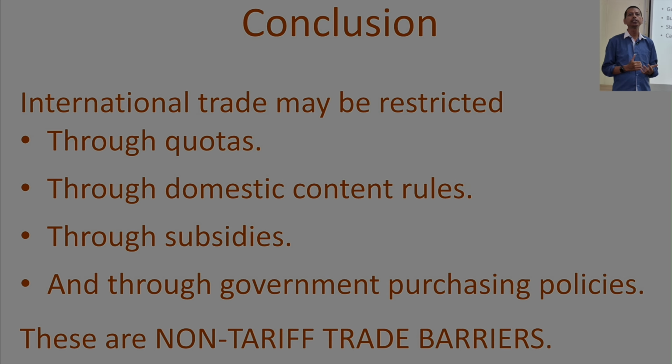They are less visible than tariffs, but often they are even more powerful. Understanding these policies helps us see how governments shape global trade behind the scenes. And in international economics, the most powerful trade barriers are often the ones people don't notice.